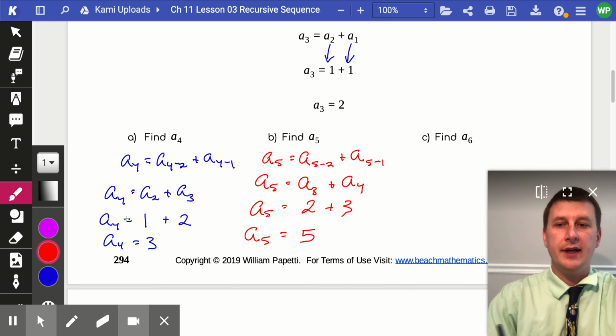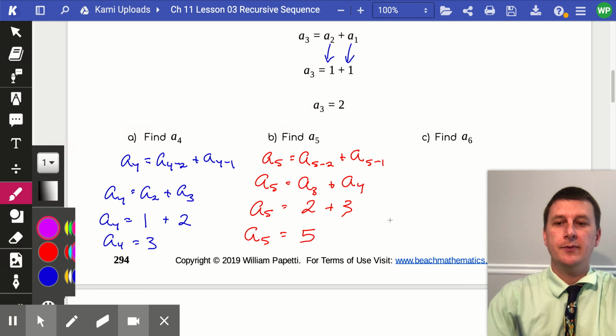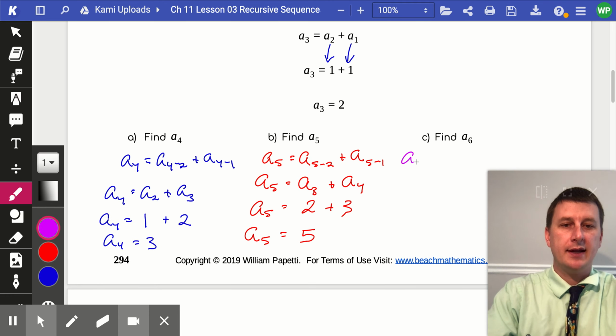Now, finally, for a sub 6, we're going to do the same exact thing. A sub 6 equals a sub 6 minus 2 plus a sub 6 minus 1. That will simplify to a sub 4 plus a sub 5. And we know both of those terms now too.